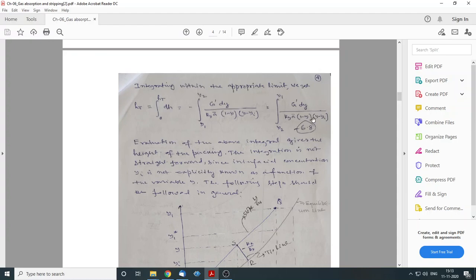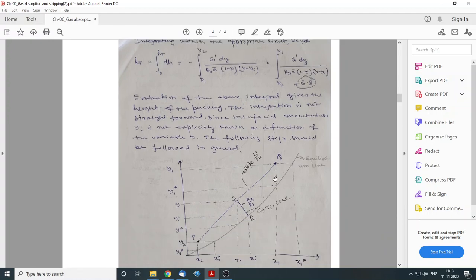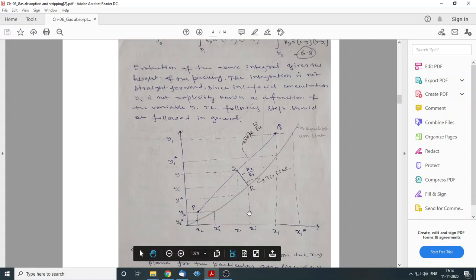Here yi also depends on y, because for different y values, if you take this y value and then take the slope minus kx, that gives your corresponding xi and yi.